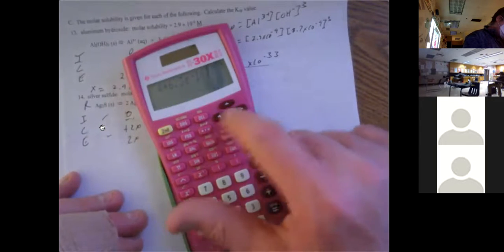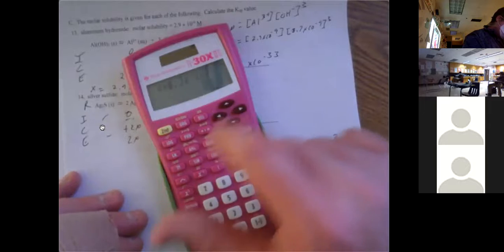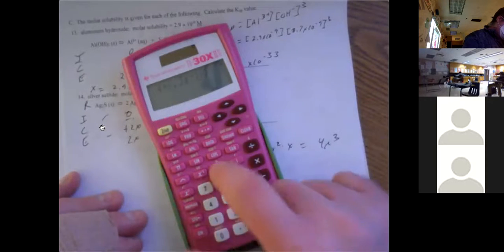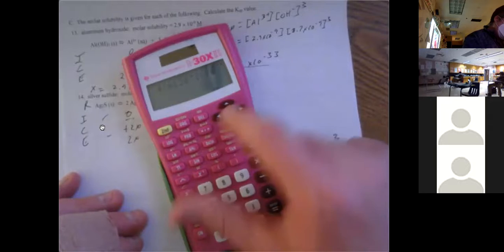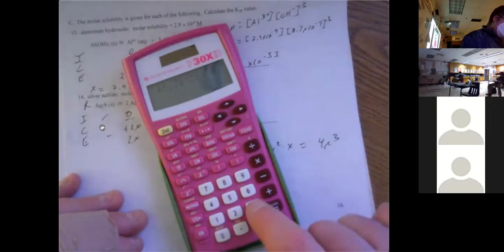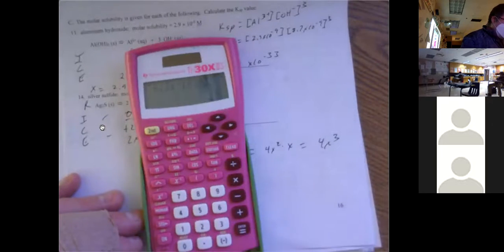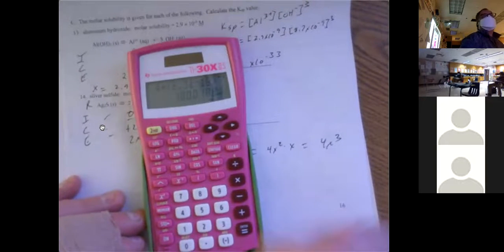Just to make sure, I'm going to put this around my calculator. I'm not sure if it has the ability to do it anyway, but safety precaution. So we get 1.00 times 10 to the negative 51.